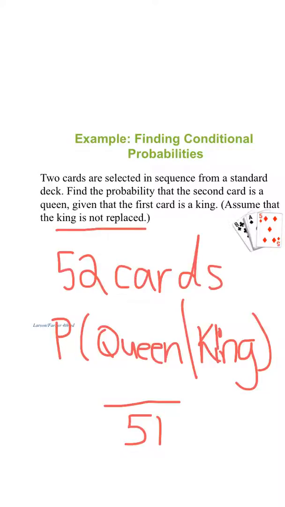Of those 51 cards, how many of those are queens? Well, you should be thinking that there are 4 queens left in the deck. So our probability of pulling a queen from a standard deck of cards, given that we have already pulled a king from the deck and not replaced it, is 4 out of 51.